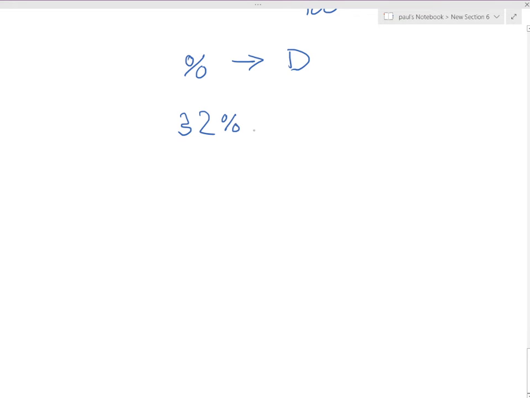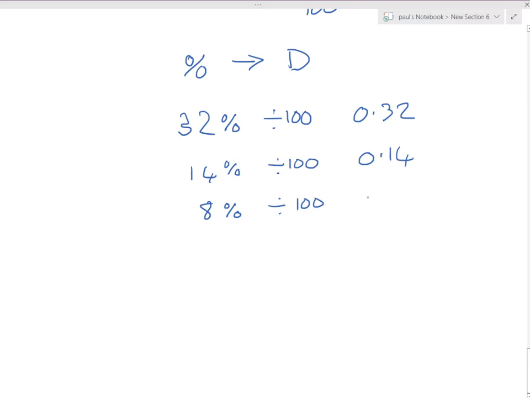What do we do? We divide by 100. So it's 0.32. 14% divide by 100. 0.14. 8% divide by 100. Careful on this one. 0.08. Yeah. That's it.